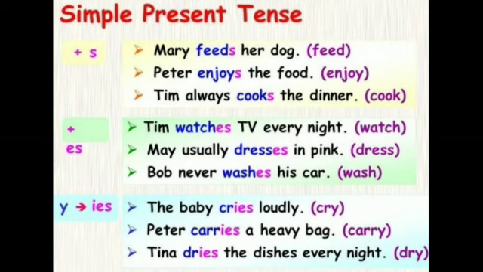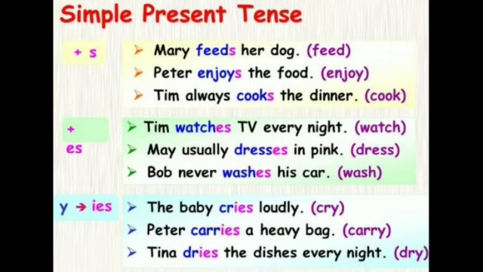Then when we are adding ES: Tim watches TV every night. Here ES is added to watch. Mary usually dresses in pink, or Bob never washes his car. So we are adding ES to the verb to make it simple present tense.